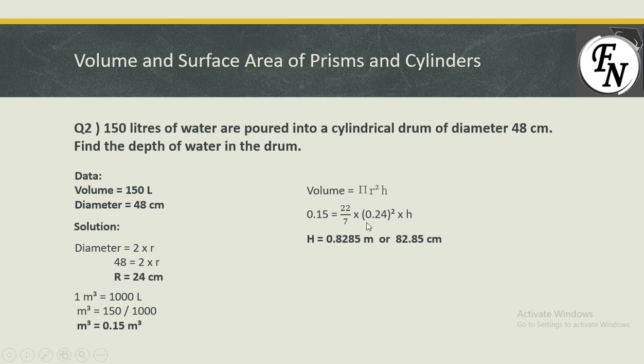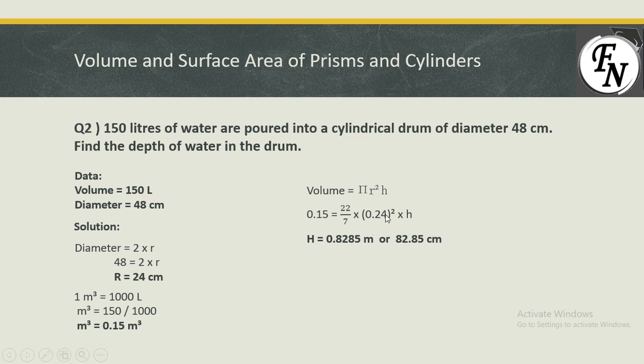So we need to find the height. We will substitute the volume as 0.15, that is in meters. So we need to fill in the radius in meters as well. We have divided 24 by 100 to convert centimeters into meters, and we have plugged in the value here, 0.24 square. So this is pi r square, and h we need to calculate.